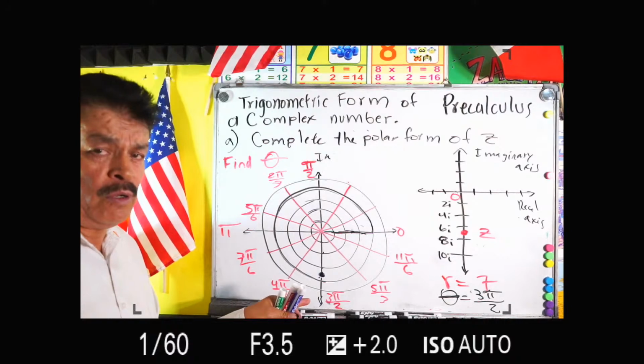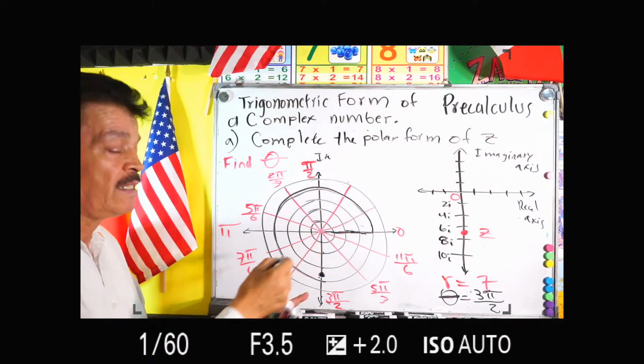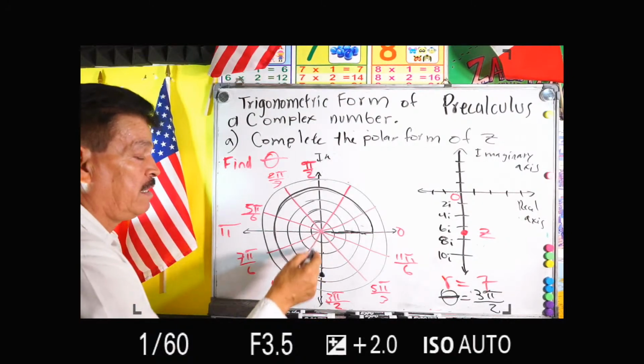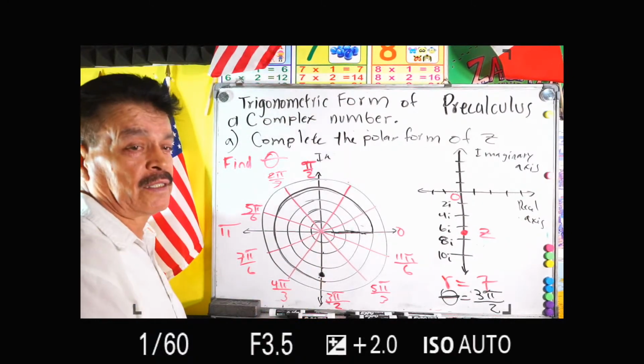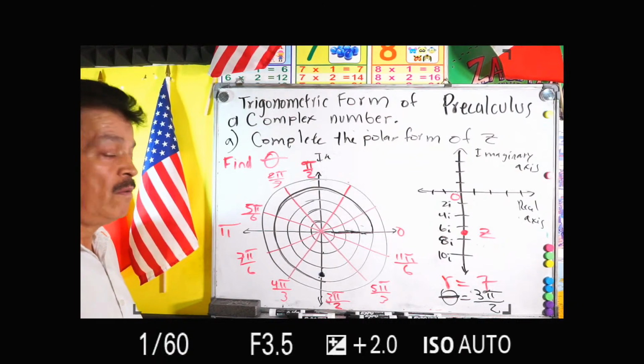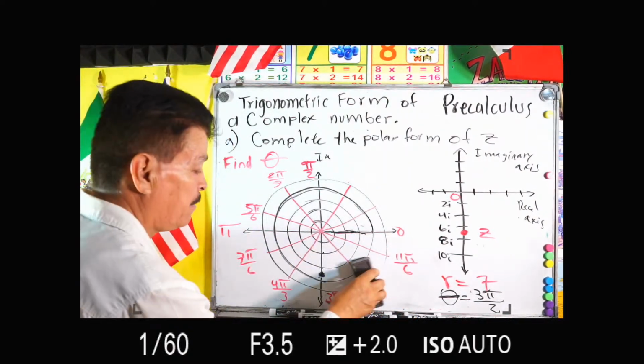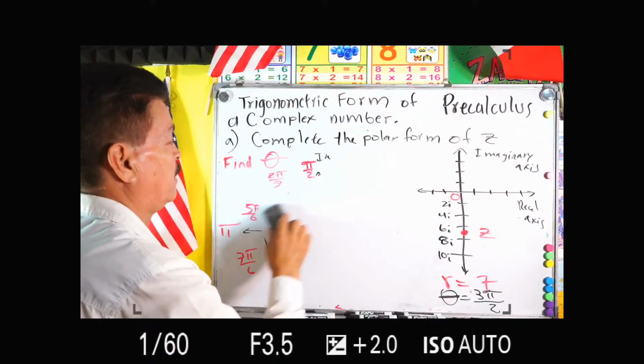Got it? It's the answer because it is in this segment, the negative imaginary axis. Alright, so now we have to find the polar form. Ready here? We have to find the polar form.